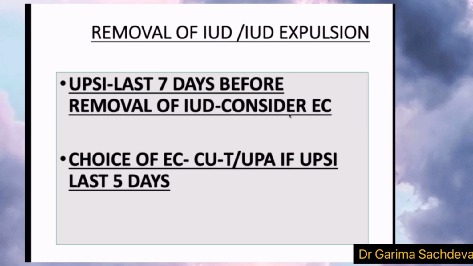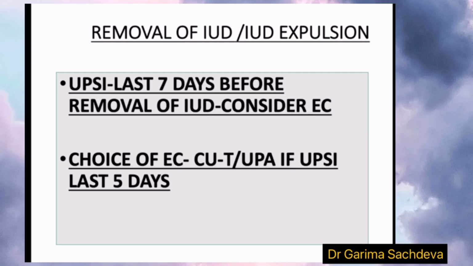So suppose you remove a copper T today and she had UPSI 7 days prior, then again you have to give additional emergency contraception. The choice here will be either you replace it with another copper T, or you give UPA if this is about copper T, because then you can give UPA if UPSI has been within 5 days. For LNG-IUS, you do not give UPA, you give LNG.